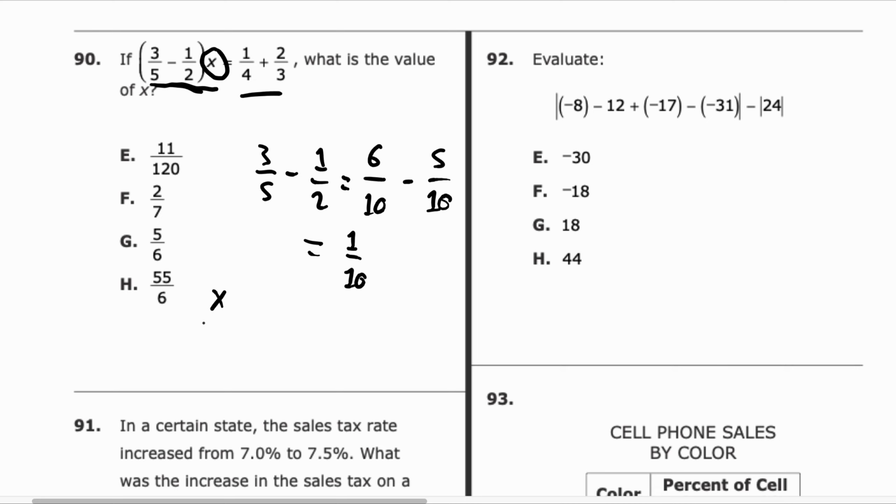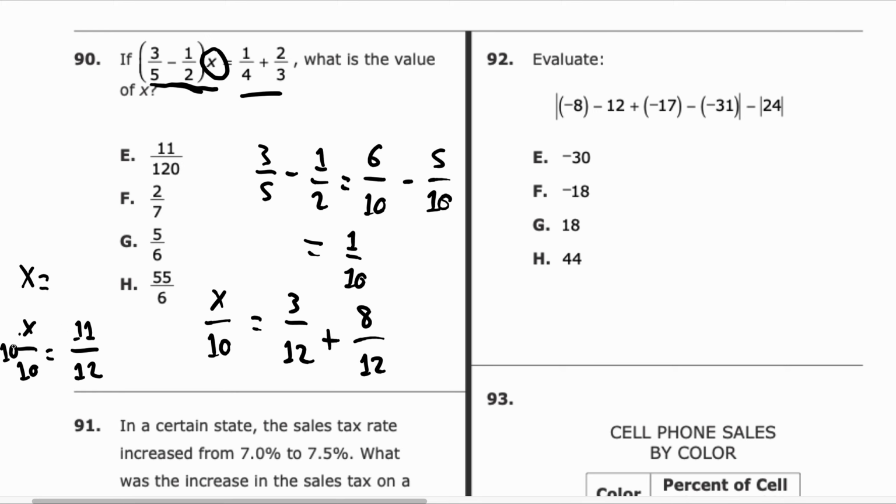So we have x over 10, I'm just multiplying 1 over 10 by x, and that is equal to, and I'm going to combine these fractions on the right, 3 over 12 plus 8 over 12, making a common denominator. So x over 10 is equal to 11 over 12. Therefore x, I'm going to multiply by 10. So x is 110 over 12, which is the same thing as 55 over 6.